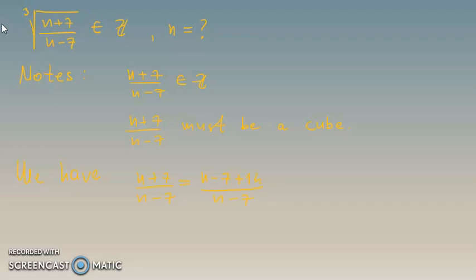This is the same. So let's make two fractions here, n minus 7 over n minus 7 and plus 14 over n minus 7. And this is equivalent to 1 plus 14 over n minus 7. And this must be an integer.